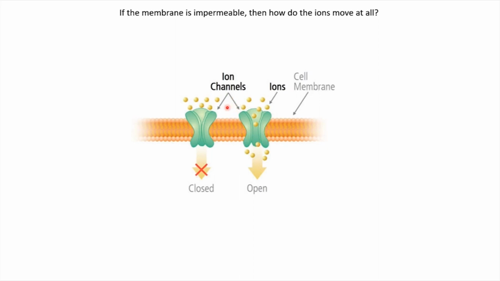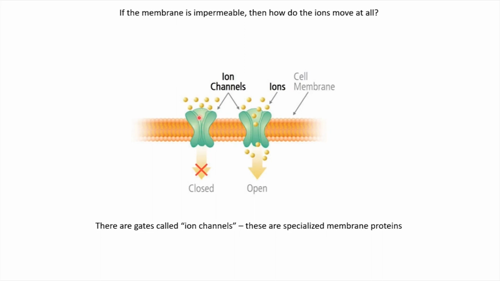And these ion channels are not always open, so they can be in a closed state or an open state. When they are closed, the concentrations will be maintained, and when they open, then they can allow the ions to move through. So they really function like gates. These ion channels are actually made up of proteins, and because these proteins are embedded in the membrane, they are also called membrane proteins.